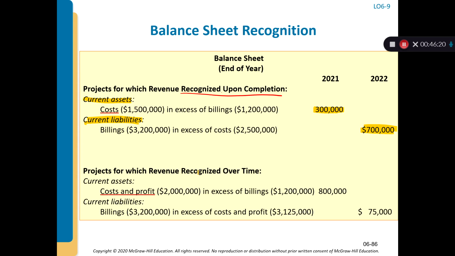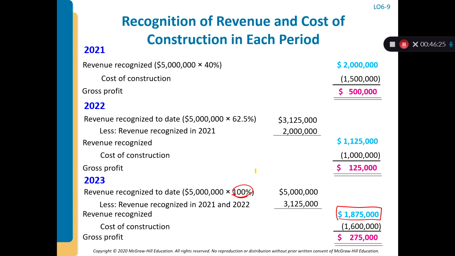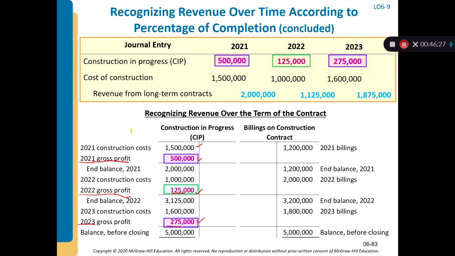But if you choose to recognize revenue over time, then you can see this T account. At the end of year 1, there is still 2 million of asset and 1.2 of liability. That gives us 800,000 as assets. And at year end 2 there is 3.12 as a construction in progress asset and 3.2 as a liability.